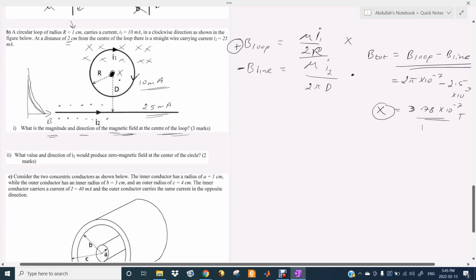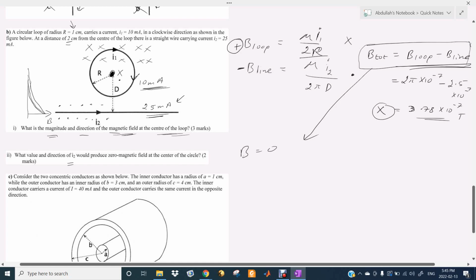Since you know that the two magnetic fields are counteracting, and that the currents are not the same and the distances are not the same, because the distance from the center for the loop of current is R and the distance from the wire is double that, so D is 2 centimeter and R is 1 centimeter, there is a chance that if you change I2, you can make B total 0. But what's the value of I2 that is required? I1 is fixed.